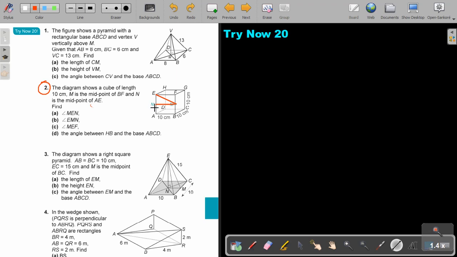Okay, so it's M-E-N. Now, if it's exactly in the middle, that is going to be, if this is 10, 10, 10, all 10, so this is going to be, let me just get my pen correct. This is going to be 5.